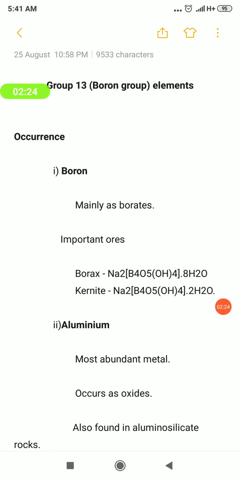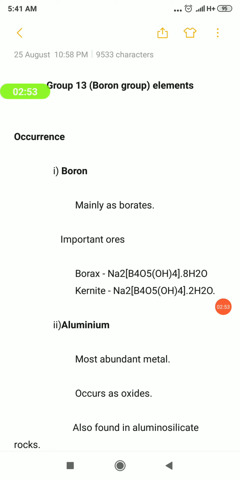Then aluminium. Aluminium is a commonly used metal in our household, isn't it? It is the most abundant metal in the earth crust. This metal is available in a high percentage. So it is the most abundant metal, and mainly it occurs in the form of oxides, aluminium oxide, Al2O3.